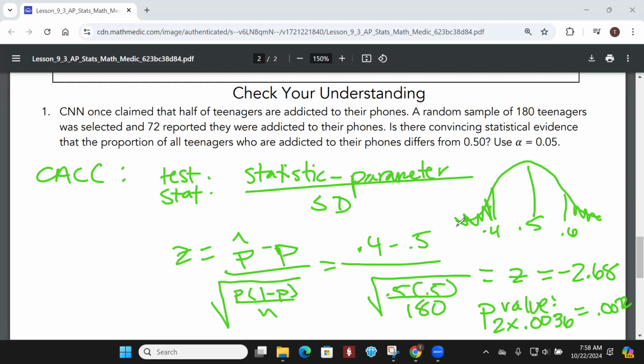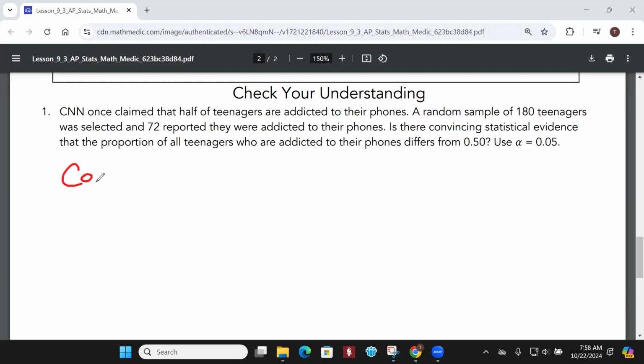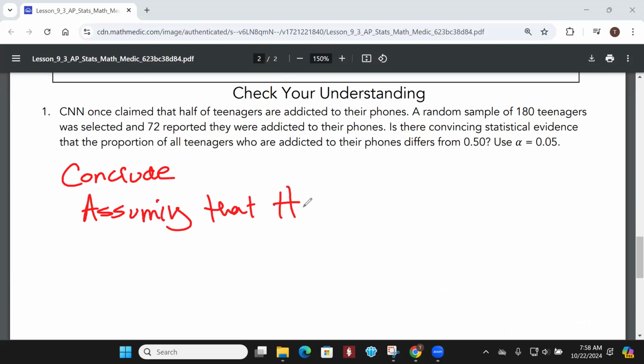In our conclusion, remember, we've got to interpret what P is, and we've got to make our decision and conclusion. So, conclude. Assuming that the H0 is true, P equals 0.5. Whenever I write these out, I always think of it like a really sassy argument. Assuming that that is true, that's what your conclusion kind of is, right?